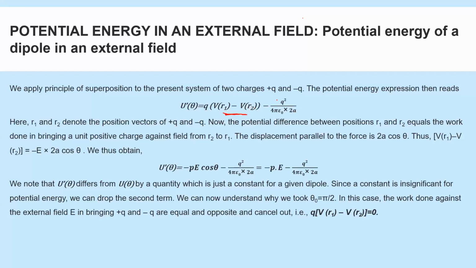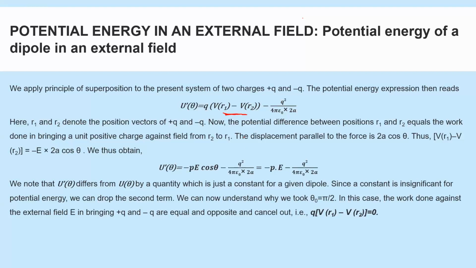That is going to give you q square upon 4 pi epsilon 0 into 2a, where R1 and R2 denote the position vectors of the plus q and the minus q.